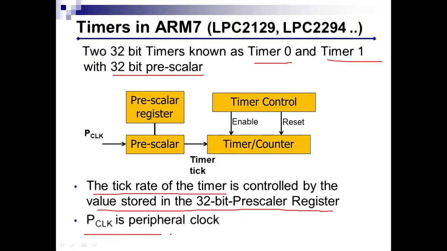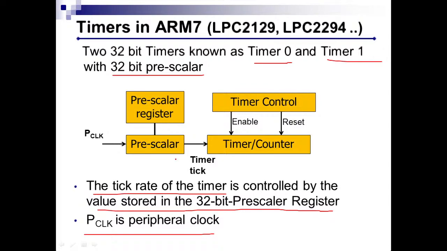PCLK is the peripheral clock. For example, if you want to operate the timer at every clock pulse, then you don't store anything in the prescaler register. In that case, at every clock pulse, the timer register will be incremented by 1.